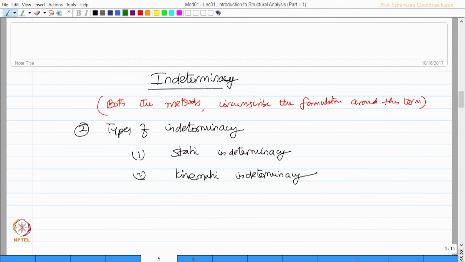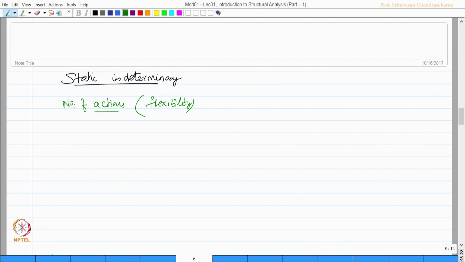So, the moment I see the word actions, I can tag this to flexibility method. So, number of actions, which are they, for example? Now, you are in a better position to answer this. For example, shear force, axial force, bending moment, etc.